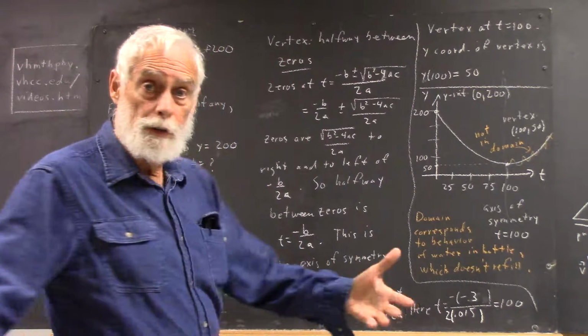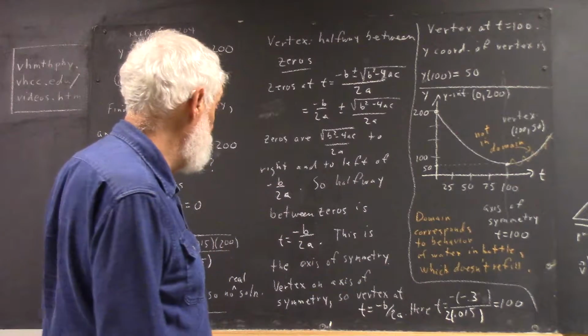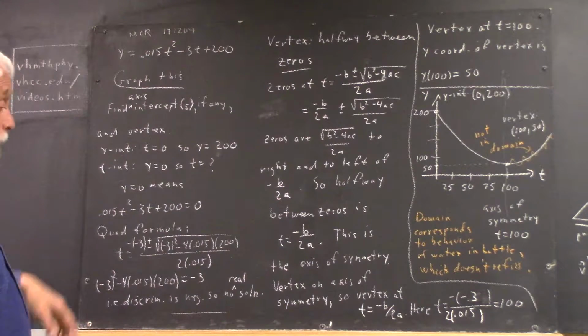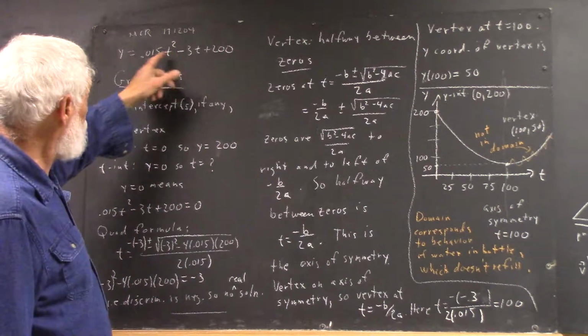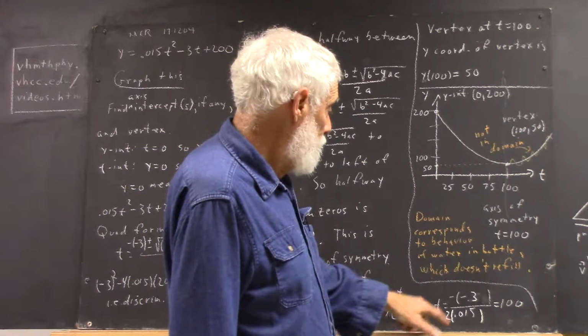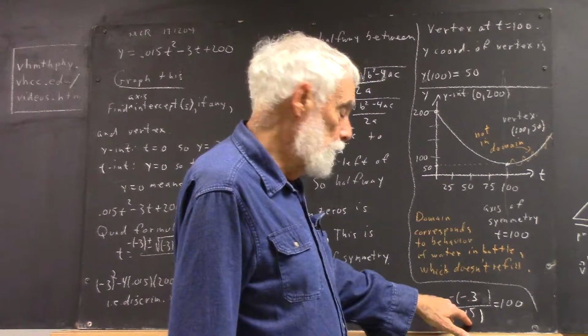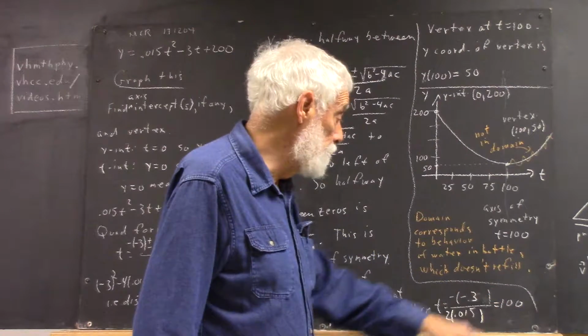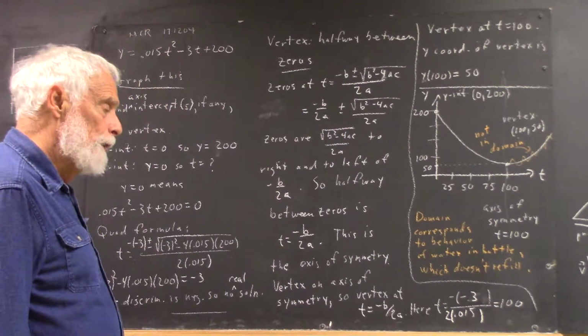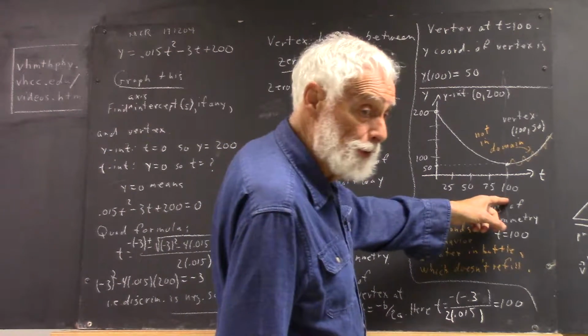So we can easily figure out what that value of t is. Here, for the one function that we've talked about, b is negative 3, a is 0.015, so negative b over 2a is the negative of negative 3 over 2 times 0.015, which is 100. Now we know that the vertex of this parabola is going to occur where t equals 100.